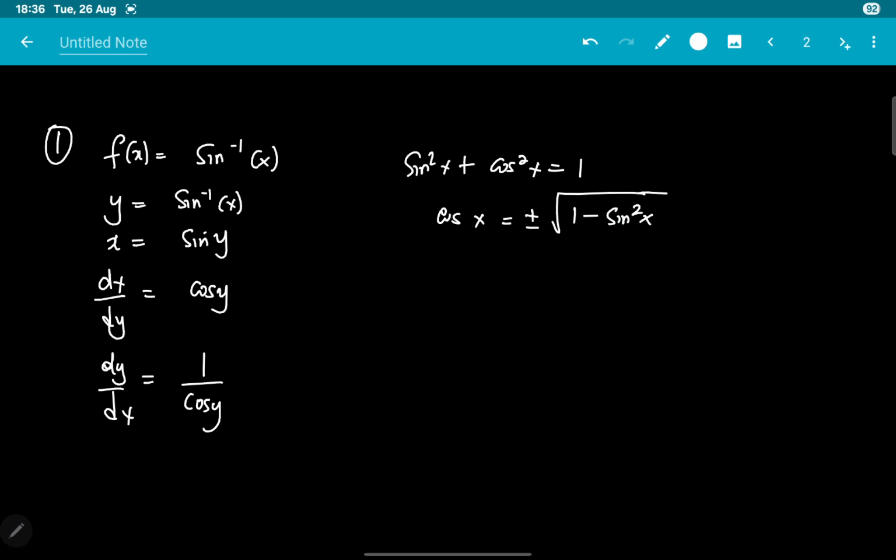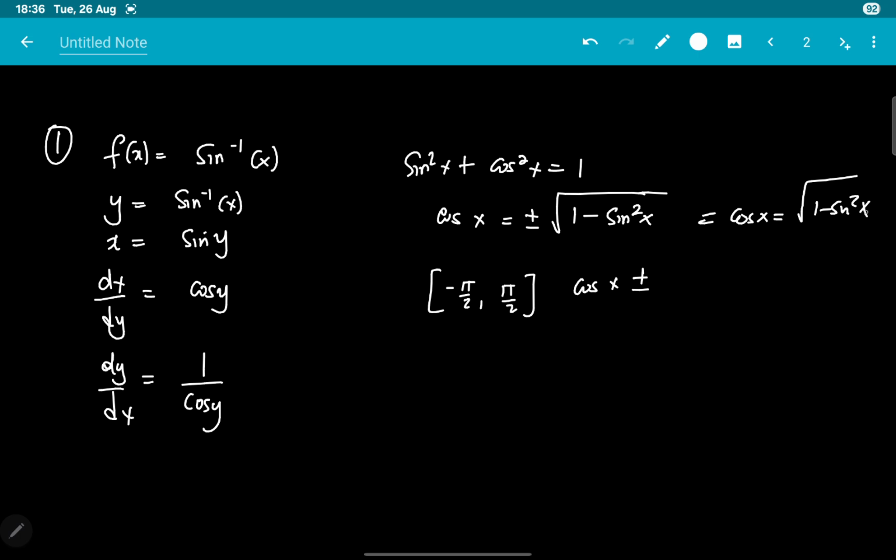Now, in the interval negative pi over 2 to pi over 2, cosine is positive. Meaning we are only going to get the positive part of this.